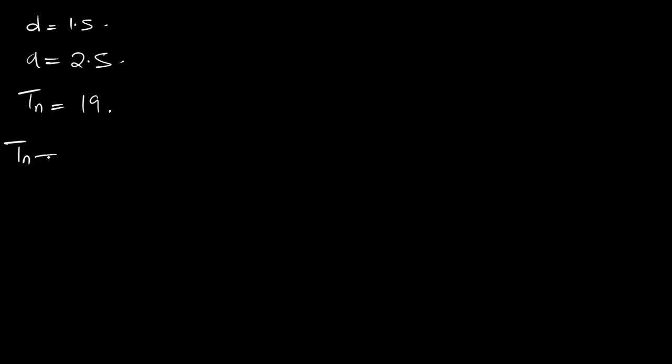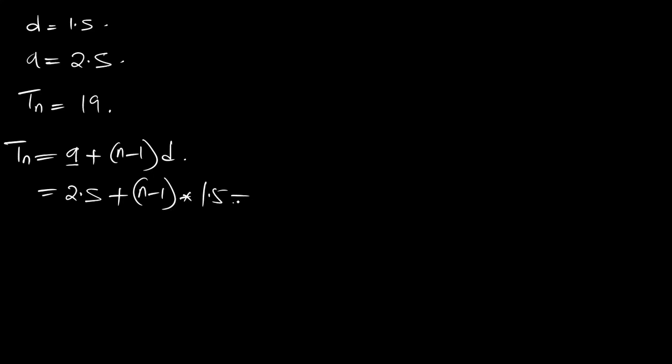we know the formula for arithmetic progression. The nth term is equal to a plus n minus 1 times d. Now we have our a to be 2.5 plus n minus 1 times d, which is 1.5, is equal to 19, because the nth term is 19.